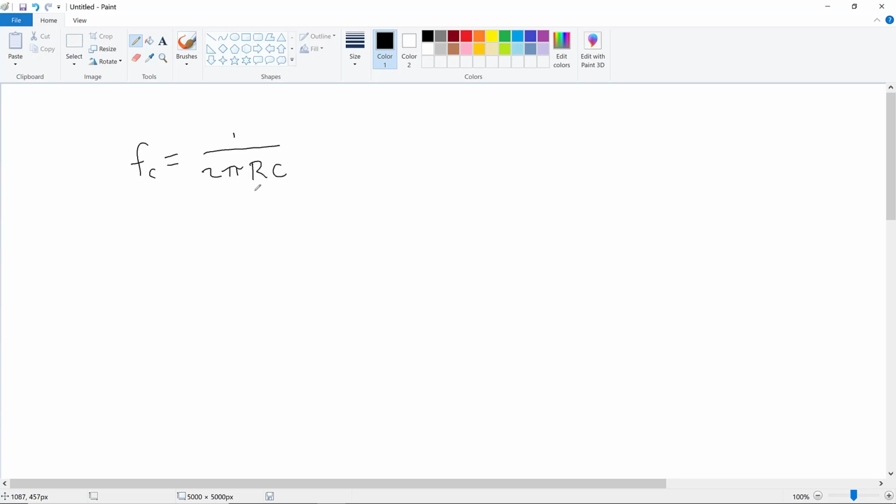So what I'm going to do is choose the resistor, and I'm just going to choose ahead of time that that's going to be 1 kilo ohm. Okay? And I know that my frequency is 1 kilohertz. I know that that's the cutoff frequency that I want. So what I can do is I can rewrite this.